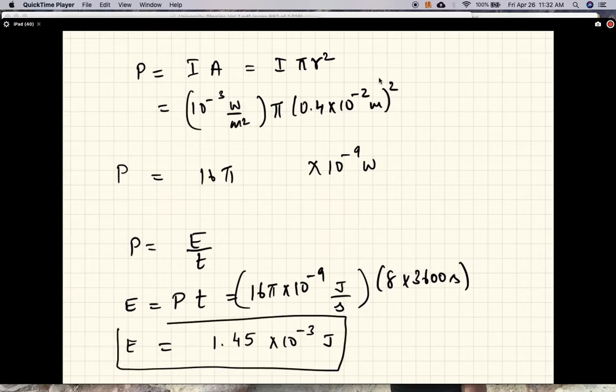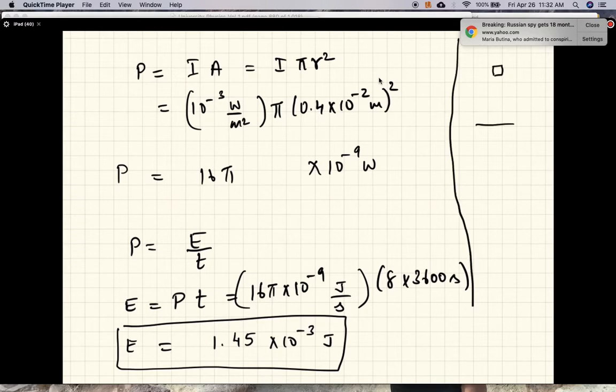Okay, so what does this mean? Think of it like so. The potential energy of a mass at height h is U equals mgh.